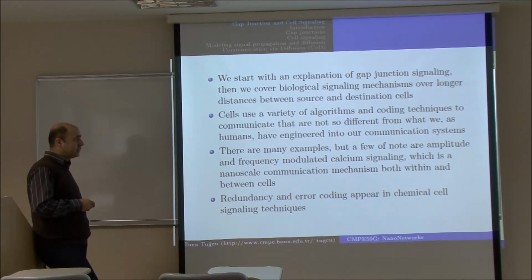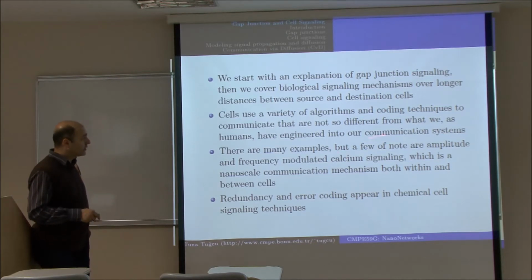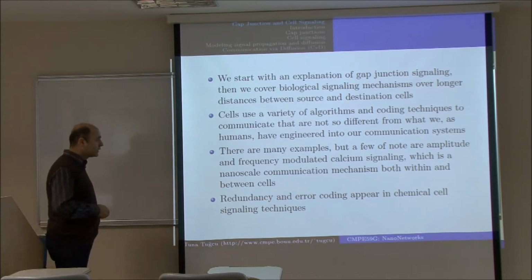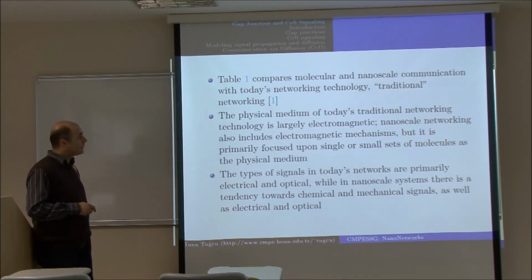There are many examples, but some need to be mentioned specifically, like amplitude shift keying and frequency shift keying, frequency modulation using custom signaling. Redundancy and error coding also appear in chemical cell signaling techniques. We'll be talking about them very briefly.